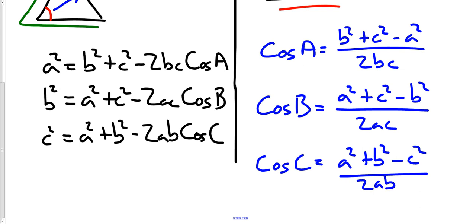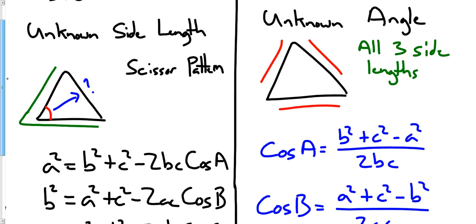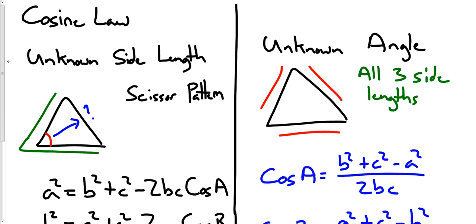So our cosine law uses some different equations, but they're all variants of the same equation. If you were to rearrange the equations, they'd all end up being the same. But the conditions under which you can use cosine law to solve for an unknown side length or an unknown angle are a little different, because we only use cosine law when we have the scissor pattern for an unknown side length, and you have to have all three known side lengths in order to solve for an angle using the cosine law.